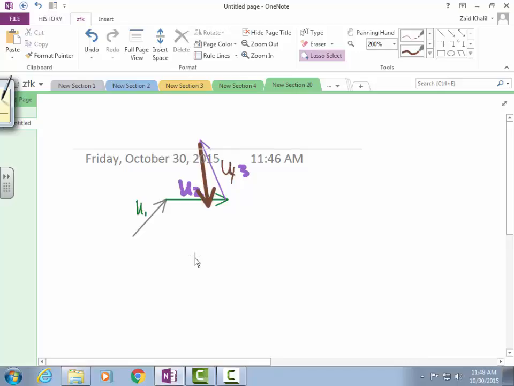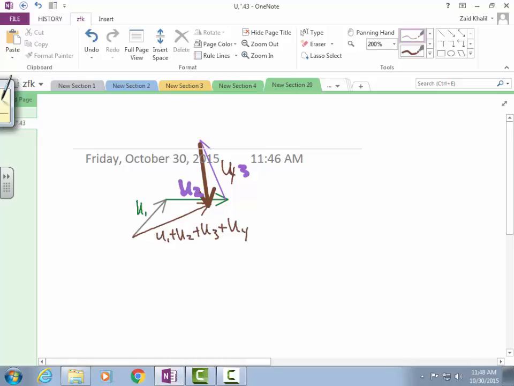And of course, u1 plus u2 plus u3 plus u4 is, that's right. That vector is u1 plus u2 plus u3 plus u4.